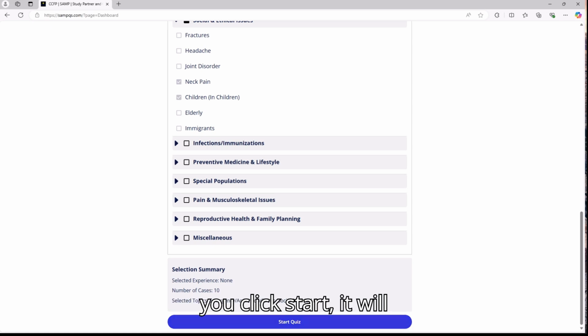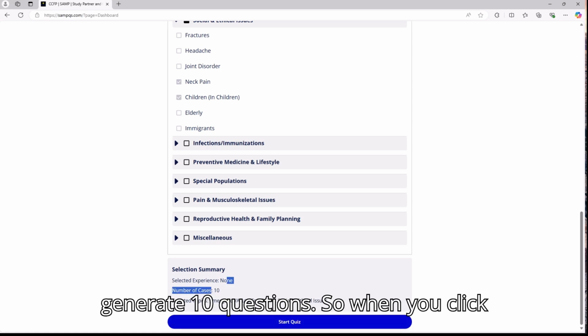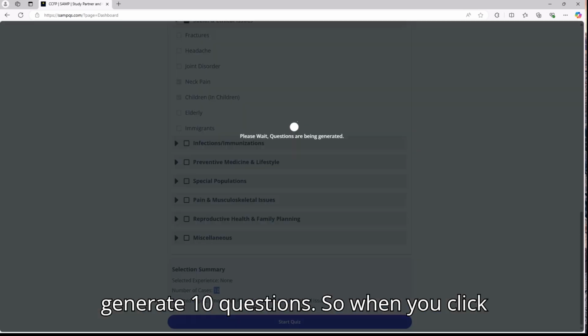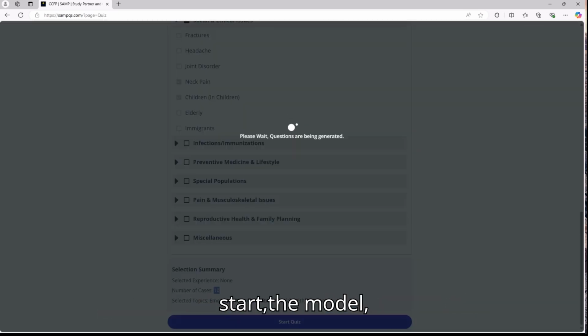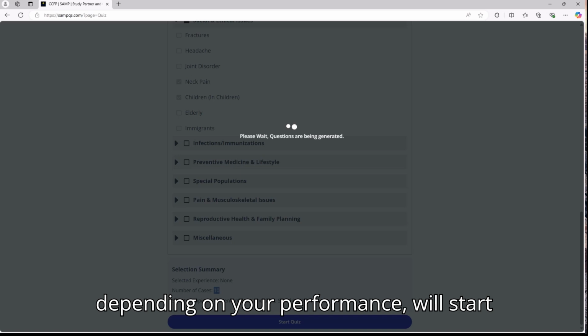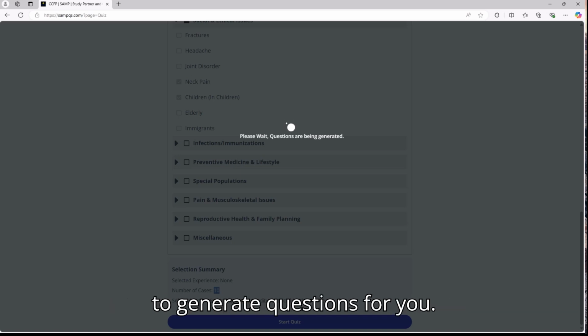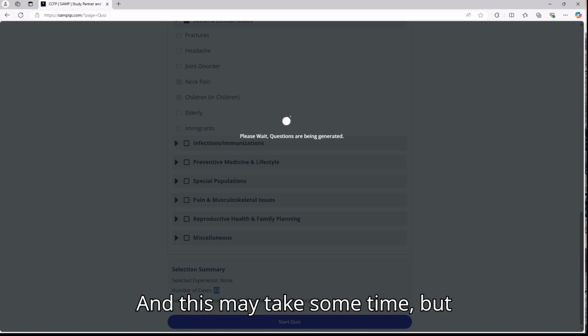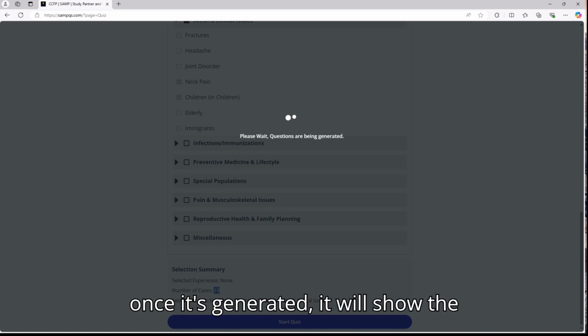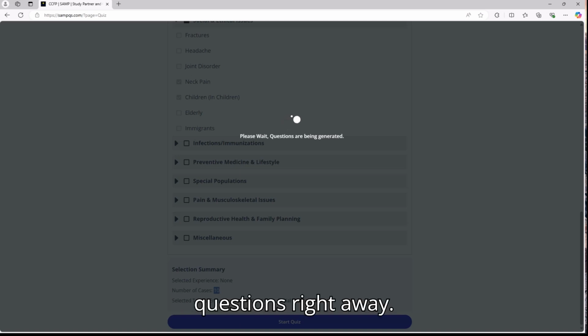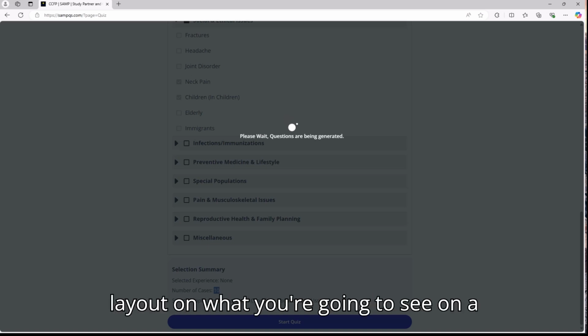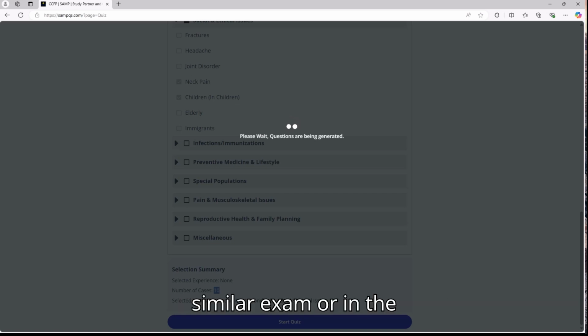Now when you click start, it will generate 10 questions. So when you click start, the model, depending on your performance, will start to generate questions for you, and this may take some time, but once it's generated it will show the questions right away, and it's a very similar layout to what you're going to see in the exam.